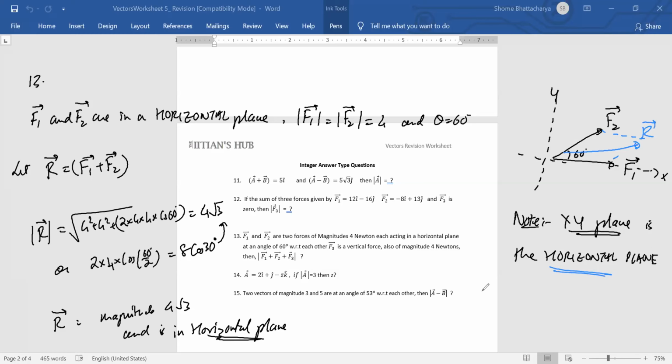It's in the horizontal plane. Okay. Now what about F3? F3 is along the vertical. Okay. So it is perpendicular to this resultant.